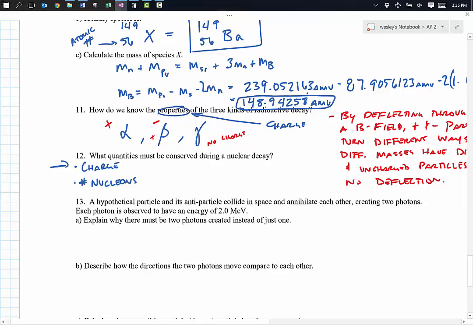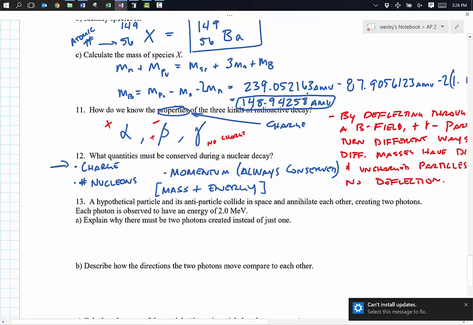Number of nucleons and momentum, because guess what? It's always conserved. Added to that, mass plus energy is also always conserved because of the E equals mc squared thing. So we might lose some mass in this reaction, but it's becoming energy. We might lose some energy here because it's becoming mass.